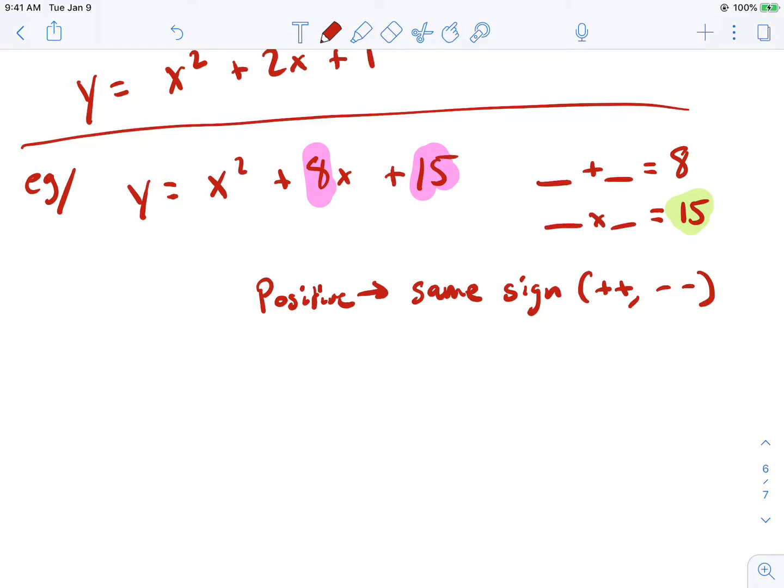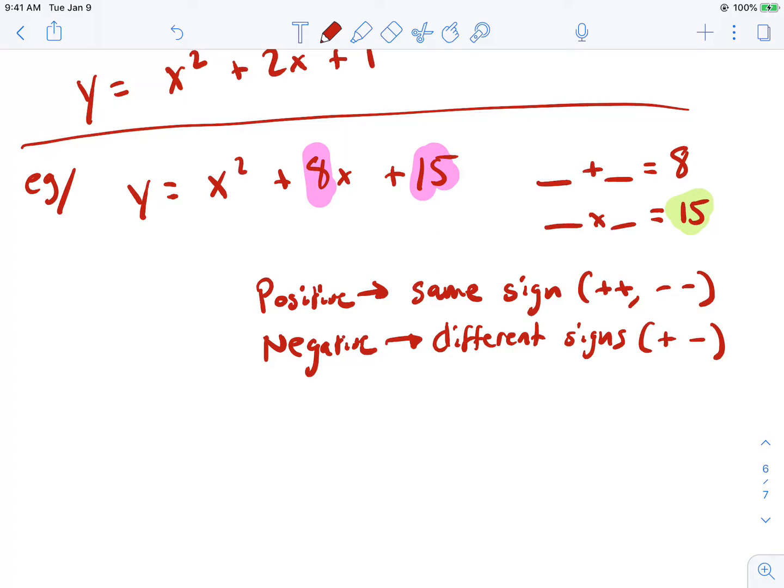But let's say that was negative 15. How do you get a negative number? Well, you have two different signs, so you're always going to have a positive and a negative.